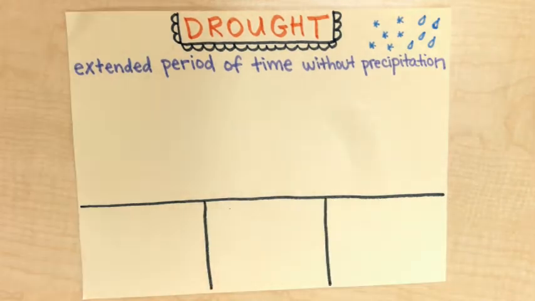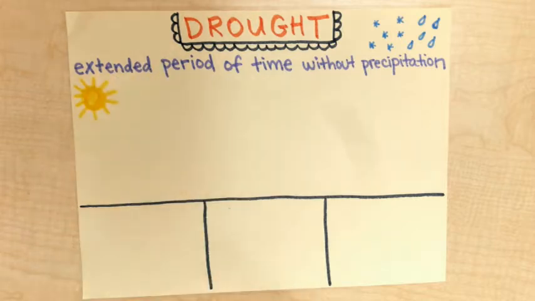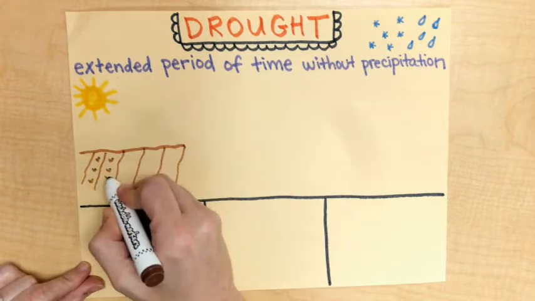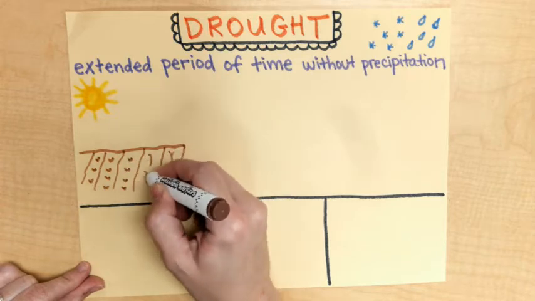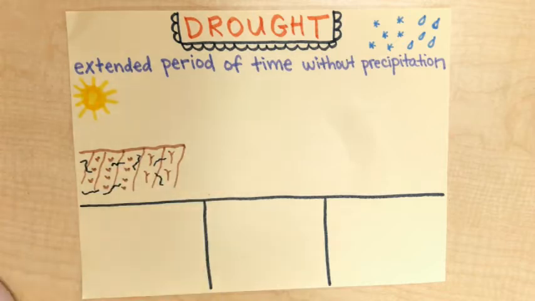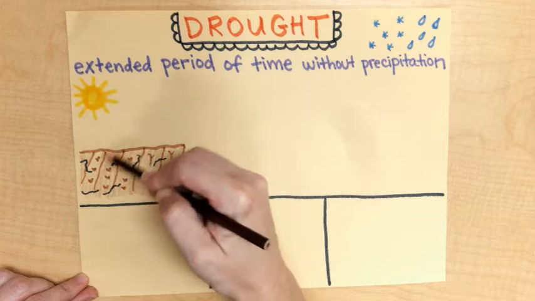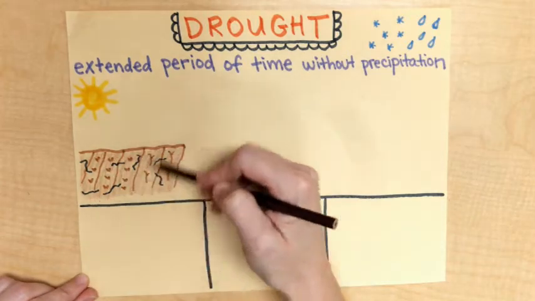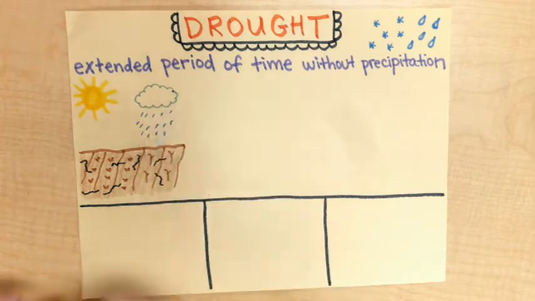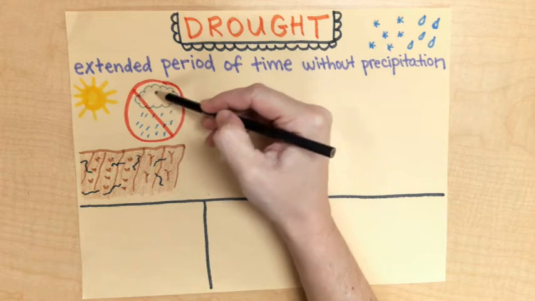Now, during a drought, there's going to be a lot of heat coming from the sun. We're going to get a huge amount of heat energy. And with that combination of a lot of heat and not a lot of rain, there are some bad things that can happen to an environment and the living things that live in that location.